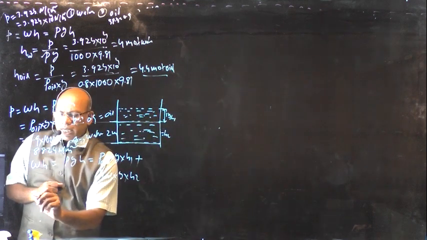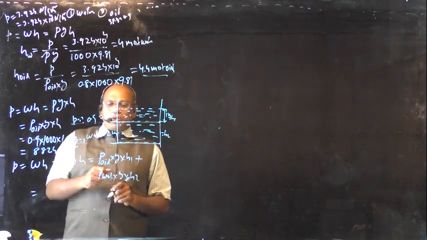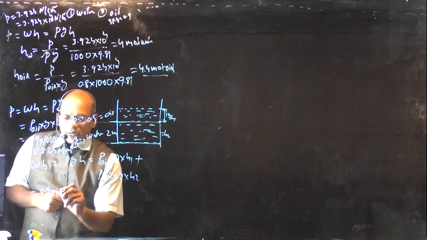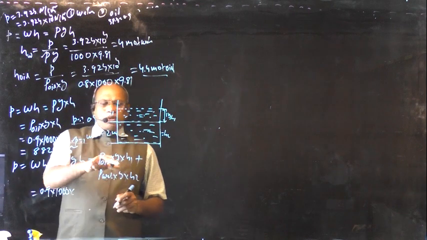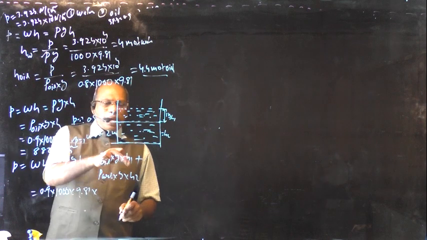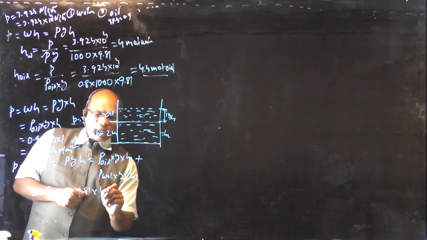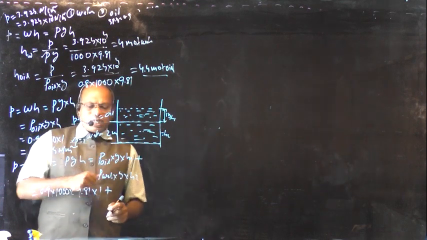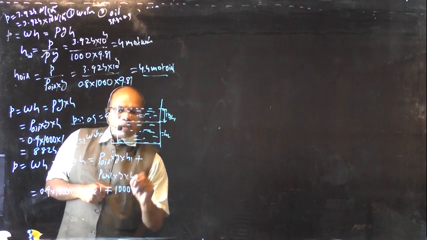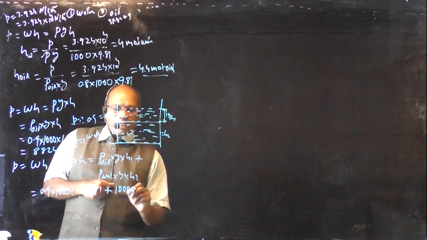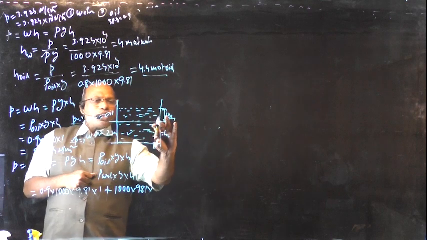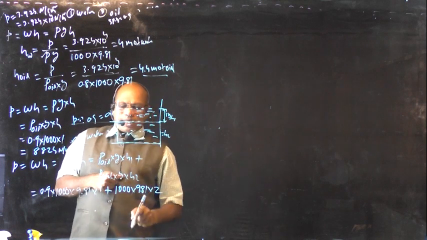Now, therefore, pressure intensity at the bottom of the tank is equal to density of the oil, that is equal to 0.9 into 1000 into G value 9.81 into H 1 meter plus density of water, that is equal to 1000 kg per meter cube, because the liquid is water here, into G 9.81 into depth of water column, that is equal to 2 meters.